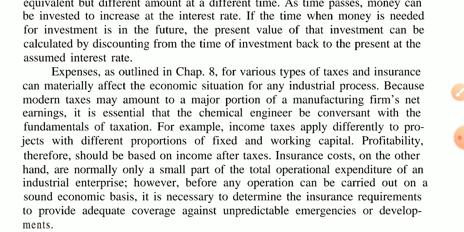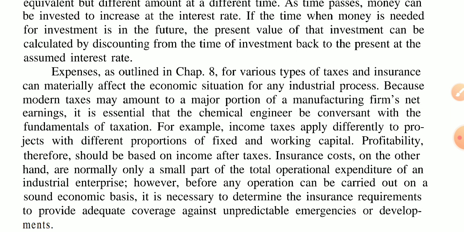Expenses outlined in Unit 8 for various types of taxes and insurance can materially affect the economic situation for many industrial processes, because modern taxes account for a major portion of a manufacturing firm's costs.